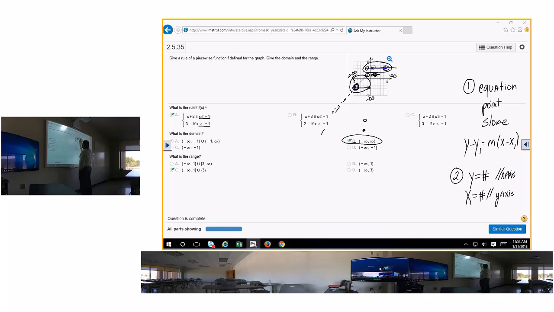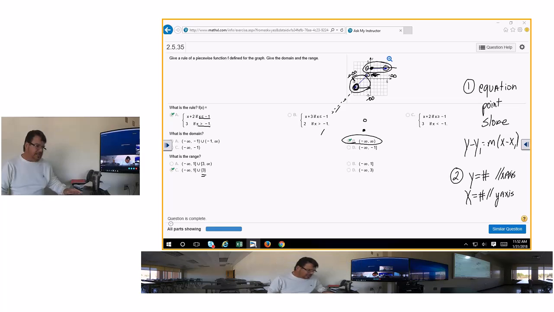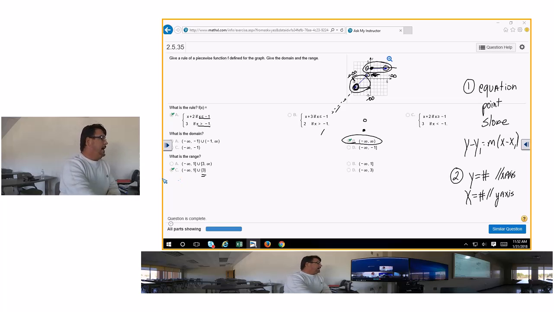So as far as the range goes, it's just one number, and that's 3. And that's why you get this nomenclature there. So anyway, analyzing a graph, you just have to sit and look at it and remember your algebra skills. Okay? I hope that helps.